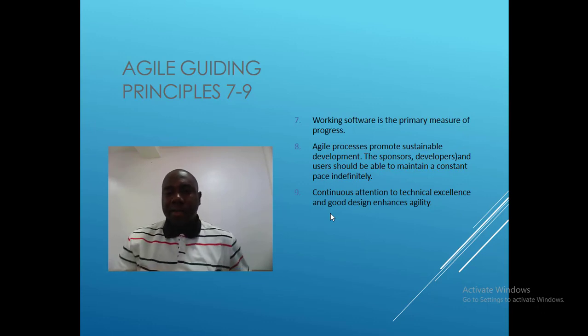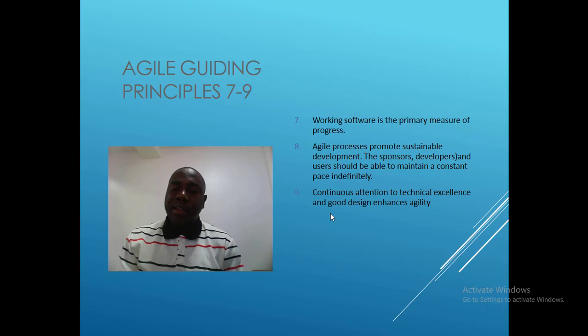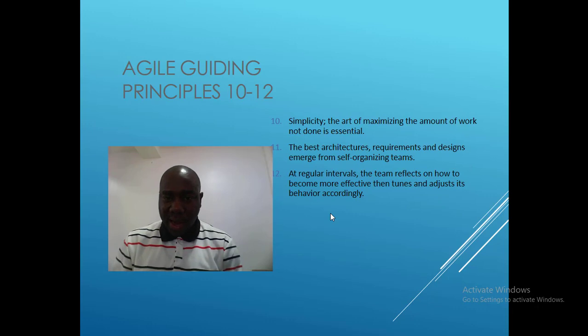It is expected that they maintain a constant pace when it comes to delivering the product in question. Continuous attention to technical excellence and good design enhances agility. Technical competence of team members is very key. The project manager should pay attention to it, and good design also enhances agility.